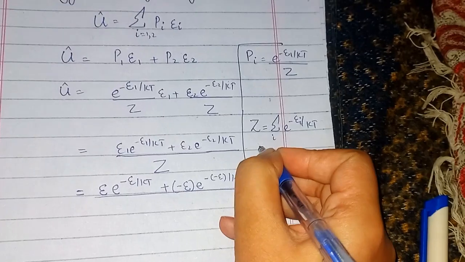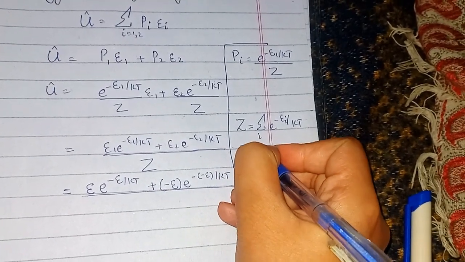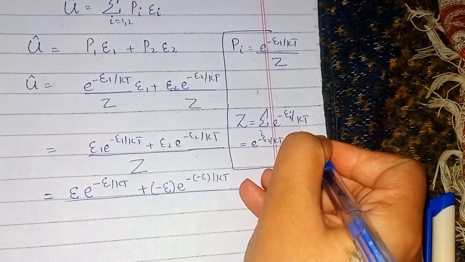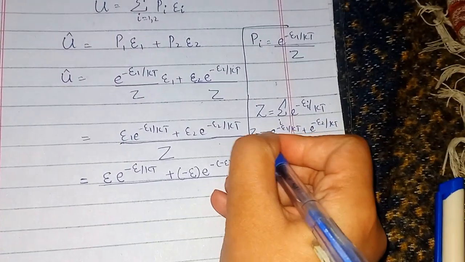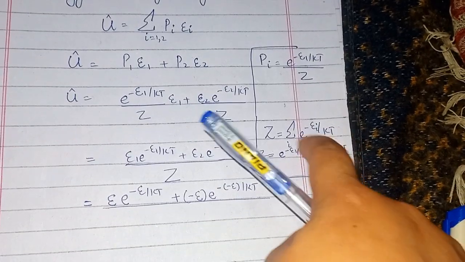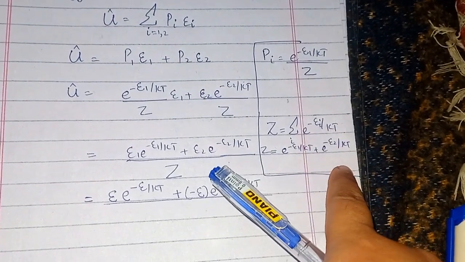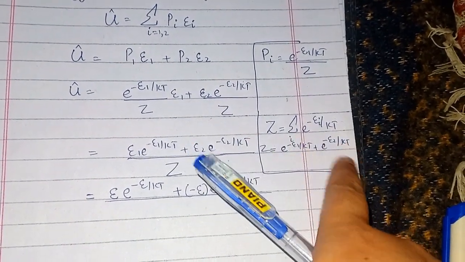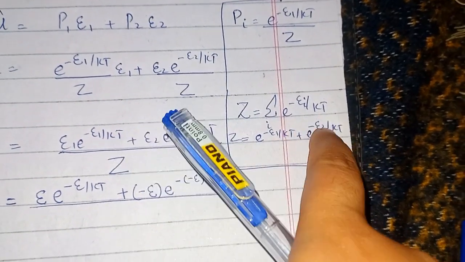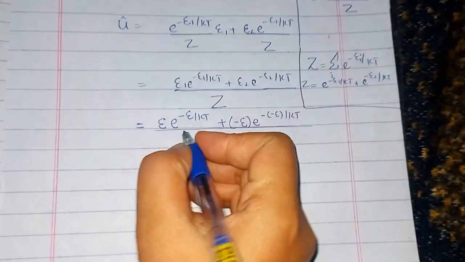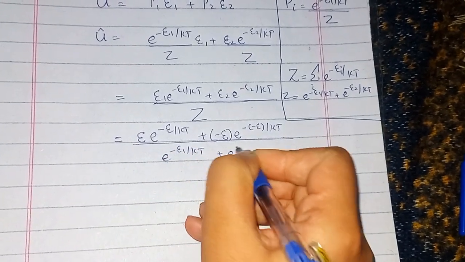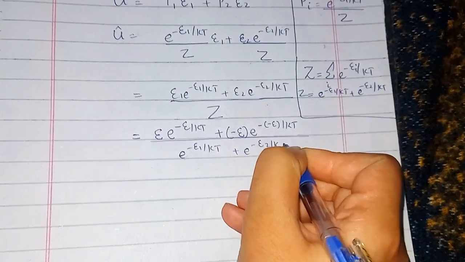Since we have two states only, it's e to the power minus E1 by kT plus e to the power minus E2 by kT. That's simply the partition function. It's like we find this Boltzmann factor for all of the states that are available, and since there are only two states, we write this Boltzmann factor for the E1 energy state and then for the E2 energy state. We need to insert the values of E1 and E2 here as well.